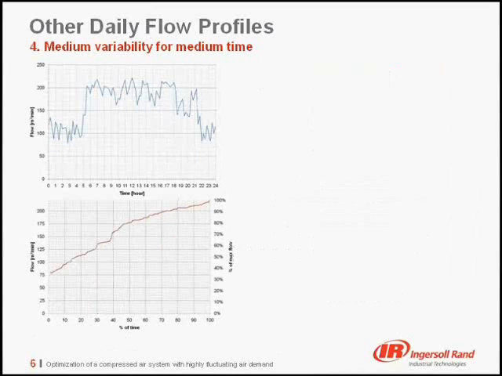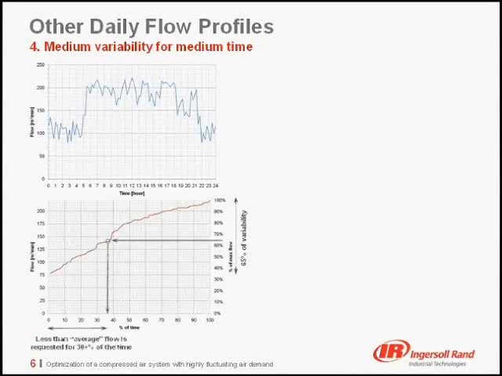In this slide, we see the last 2 cases. Case number 4 still refers to a medium variability of 65% of the maximum flow, but compared to case number 3, less than the average flow is requested for only 30% of the time, or a bit more in this case.